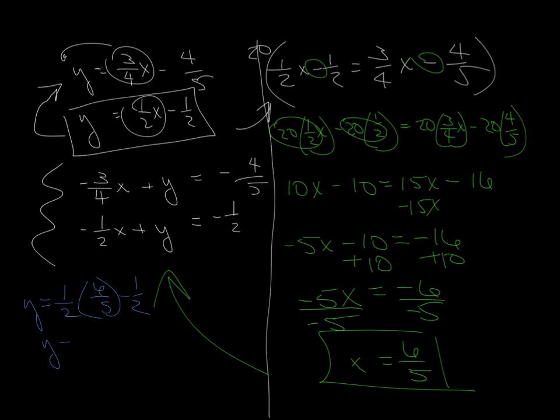So my y equals 6 over 10 minus 1/2, which is 5/10. Common denominators there, and y equals 1 over 10. So I found my x and I found my y, and it wasn't too terribly painful.